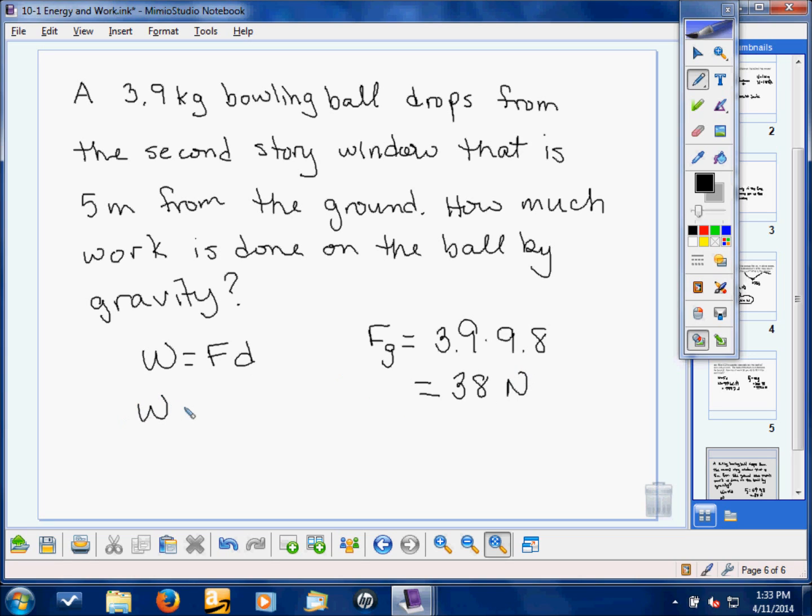So our work equals 38 times 5. So 190 joules. So in this case, once again, you need to be really careful. Watch your units. Watch what you're given. Watch what you're asked to find.